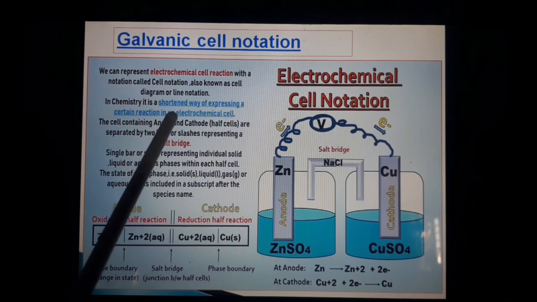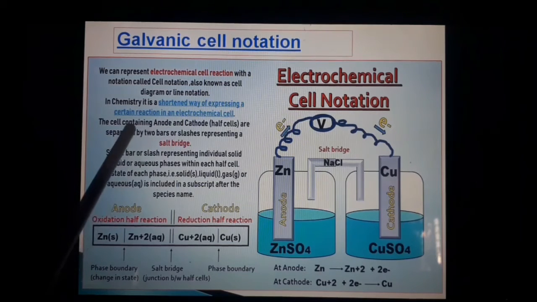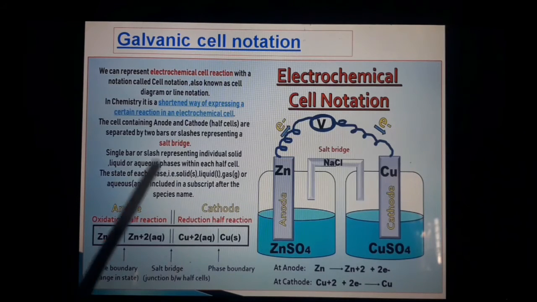They are separated by two bars. This is the example for the representation of the two parts, anode part and cathode part.